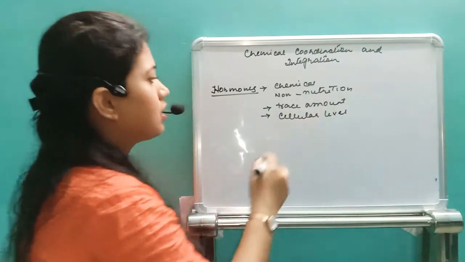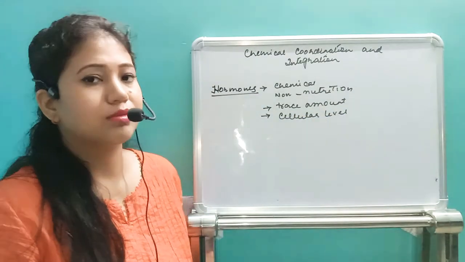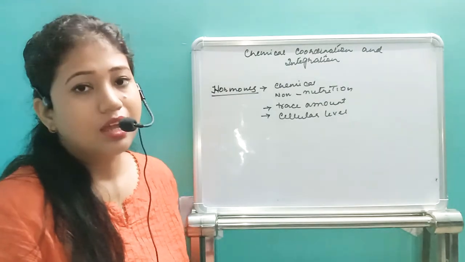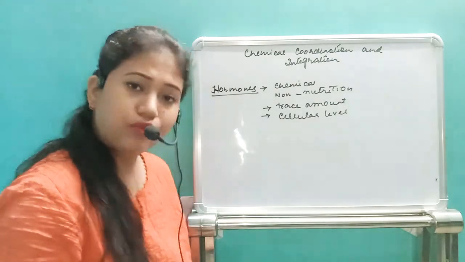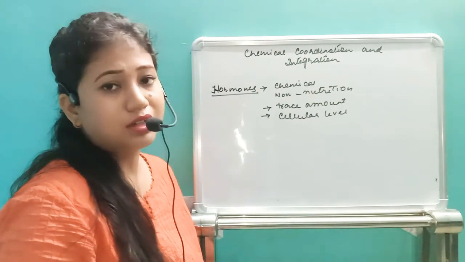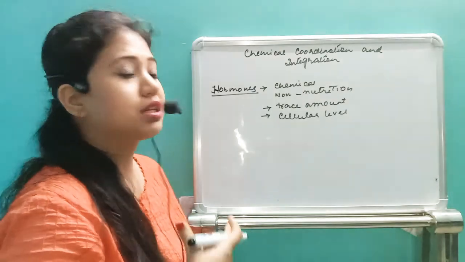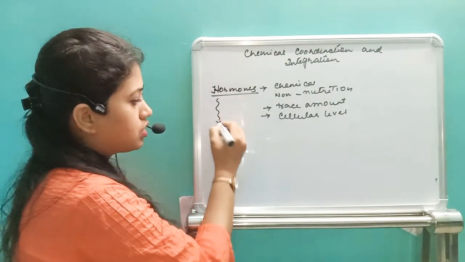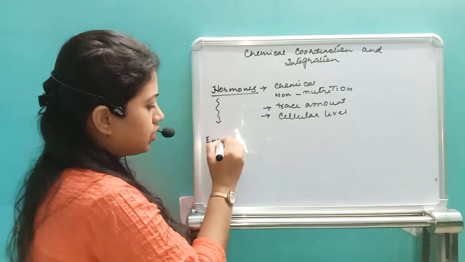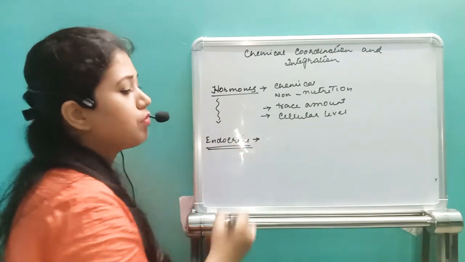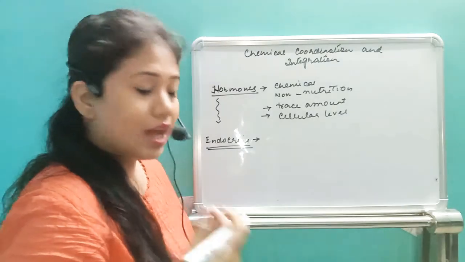So what is it? The hormones are non-nutrient chemicals released by different glands. Now we can see different glands are there, right? So we need to know which glands are secreting the hormones. The glands which secrete the hormones are called endocrine glands.